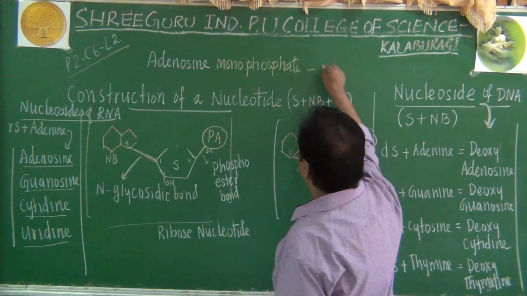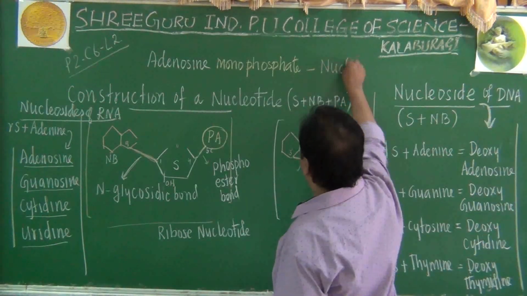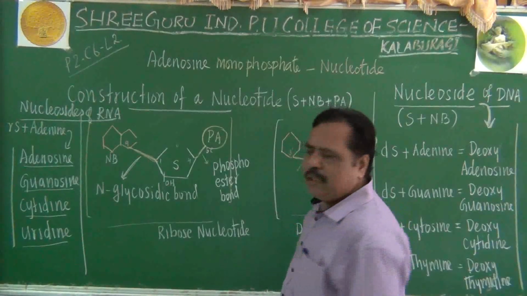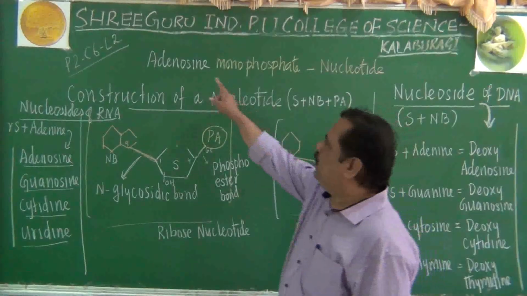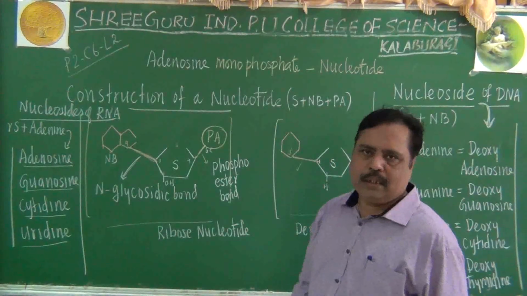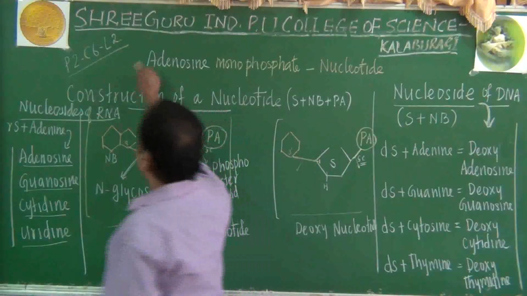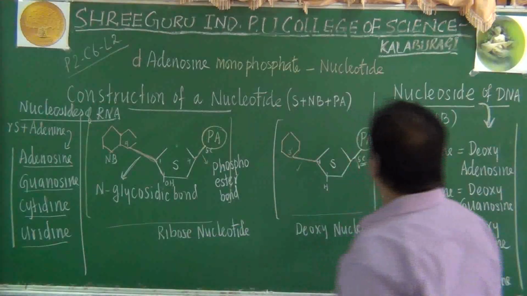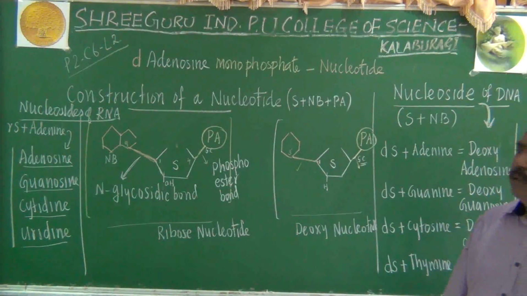Remember this point. What is a nucleotide? One phosphate group will be extra here. Adenosine monophosphate. Suppose if I write deoxyadenosine monophosphate, it is a DNA nucleotide, I can say.